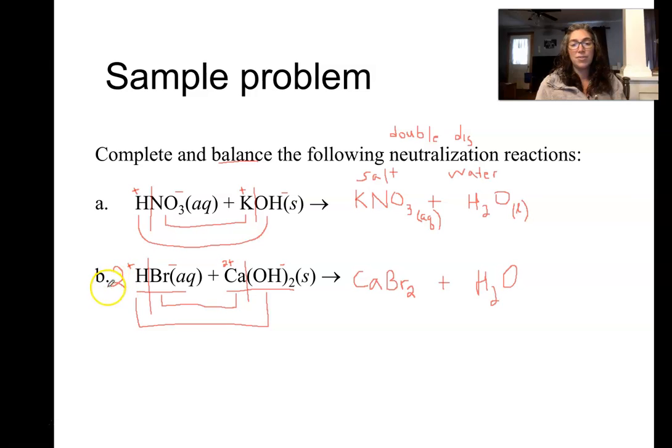So now I have 2 bromines and I have 2 hydrogens plus 2 hydrogens makes 4 hydrogens on this side of the equation. Here, I'll make my table. We'll do it this way. We're going to balance this one.